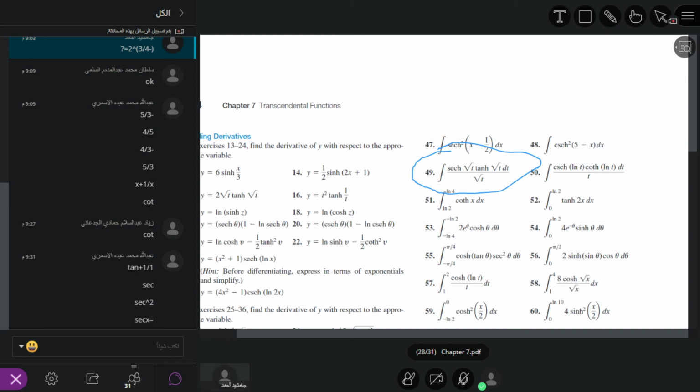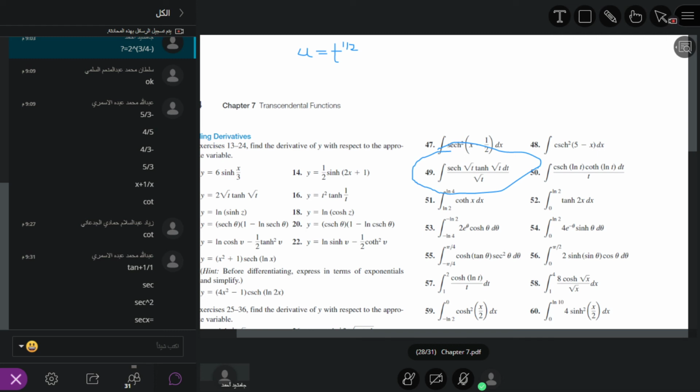How can we solve by the substitution method? Let u be equal to t power 1 by 2. Now the numerator becomes sec hyperbolic u tan hyperbolic u.